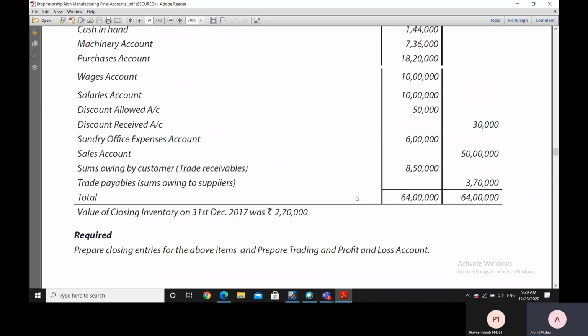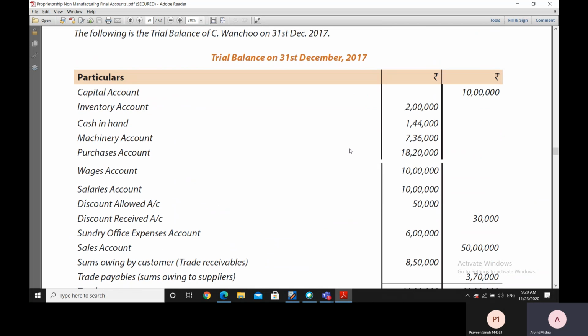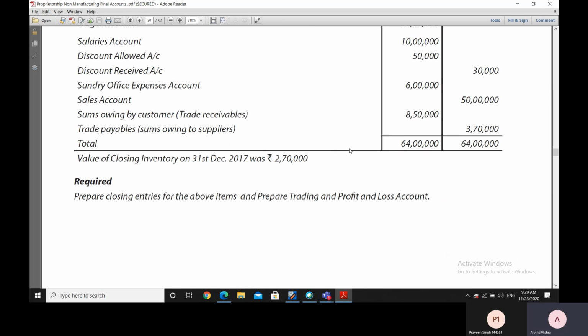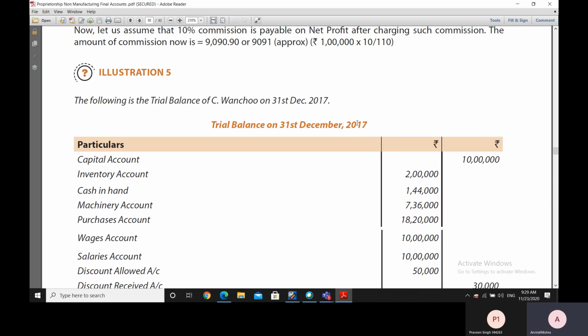So this entry has to be explained here that this inventory which is shown here, 2 lakh rupees, that is the opening inventory, and as you are seeing, this entry is showing the debit balance.